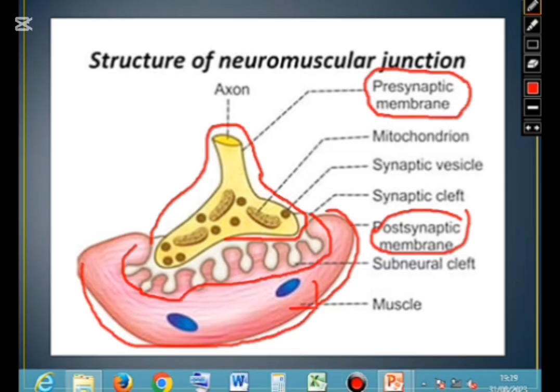Is that clear? The one formed between a nerve cell and a gland is known as the neuroglandular synapse. The one formed between two nerves is known as the neuronal synapse. Very simple.